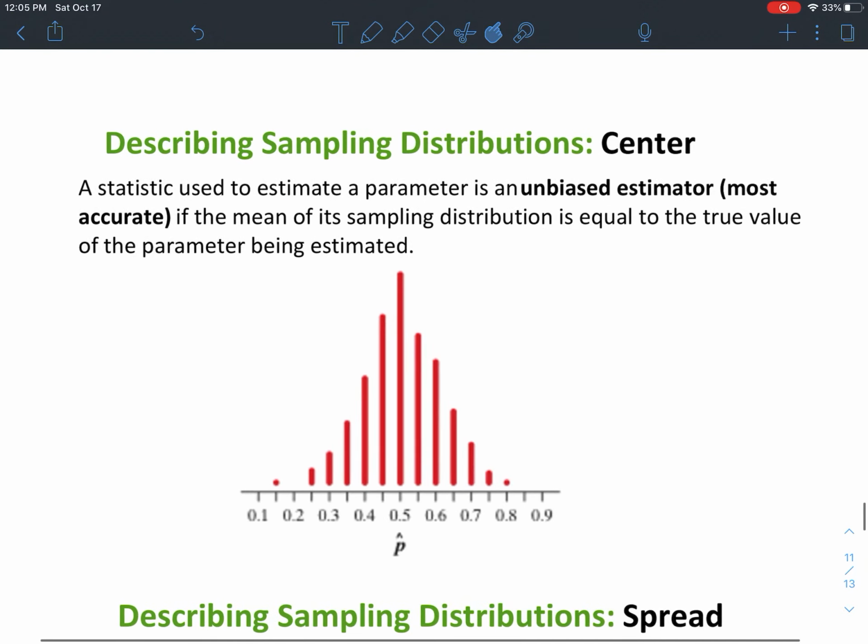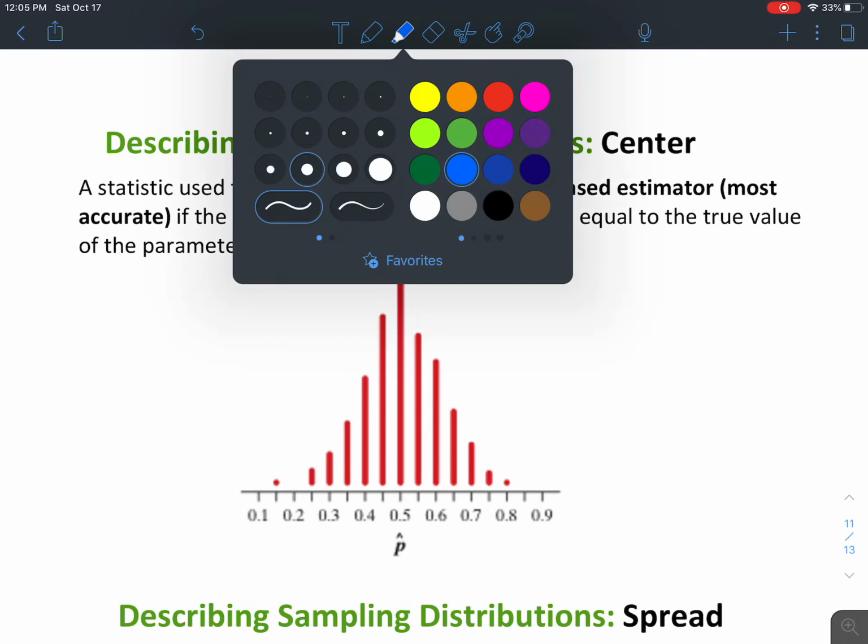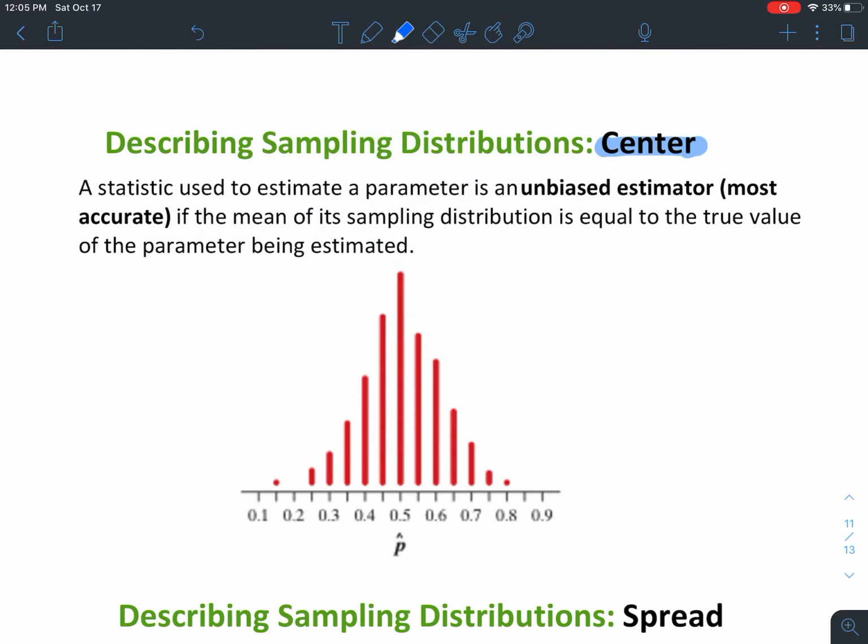Okay, now here's how all of this ties together. The great thing about a sampling distribution is it really helps you locate the center of your population. If you were to take a statistic and it's considered an unbiased estimator, that means it's not missing the target in one consistent direction, but it's actually centered right at the parameter.